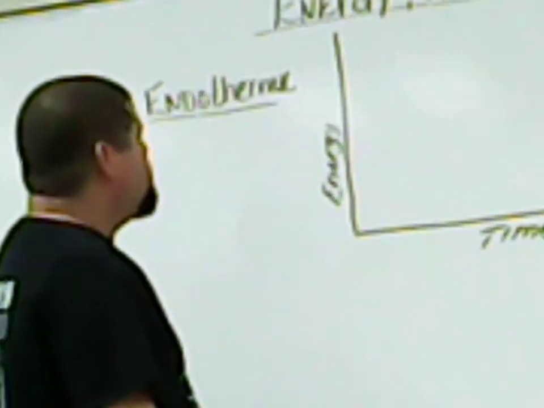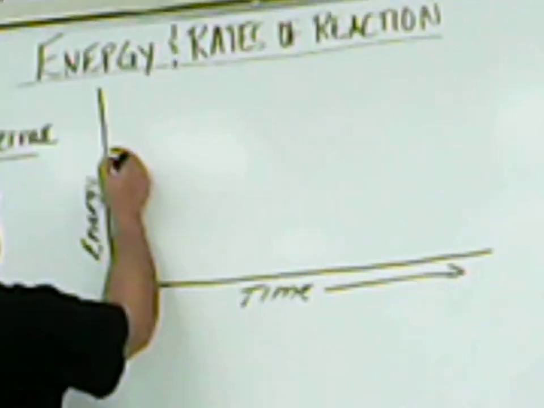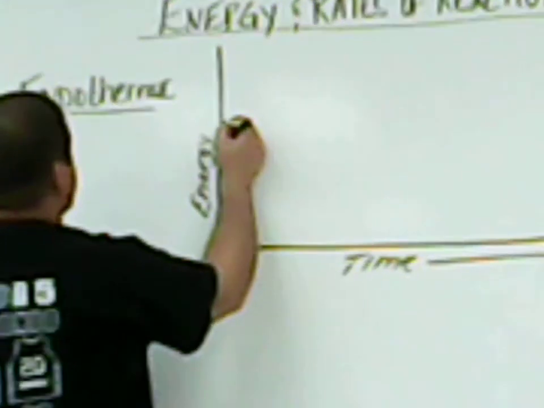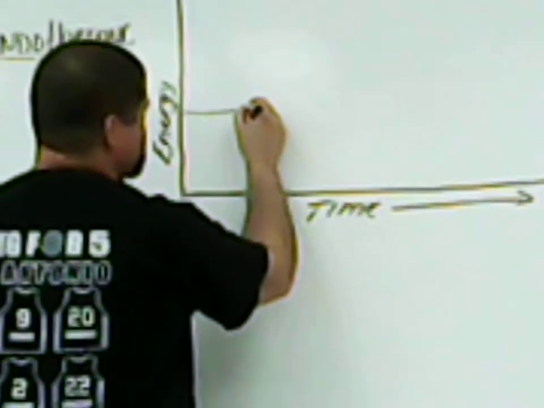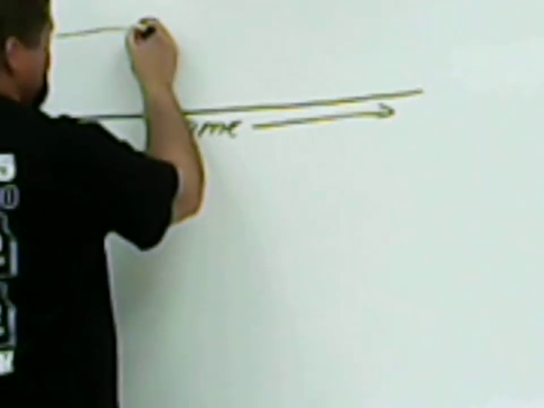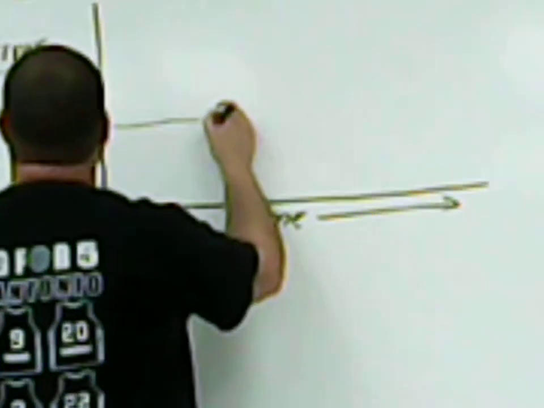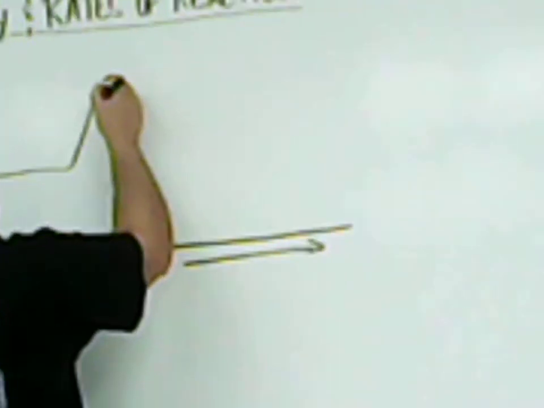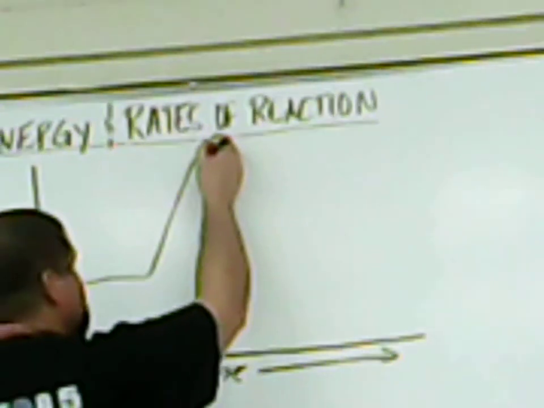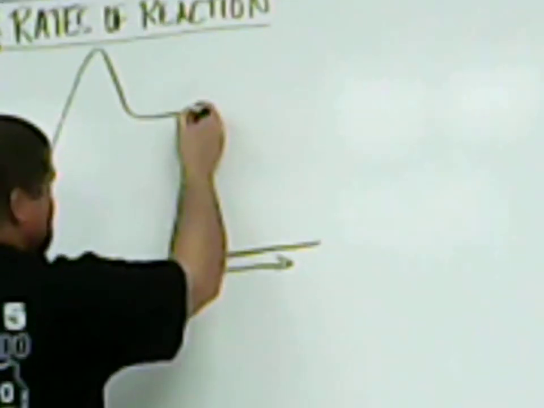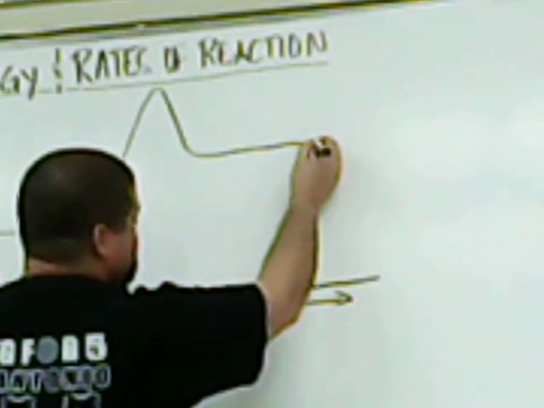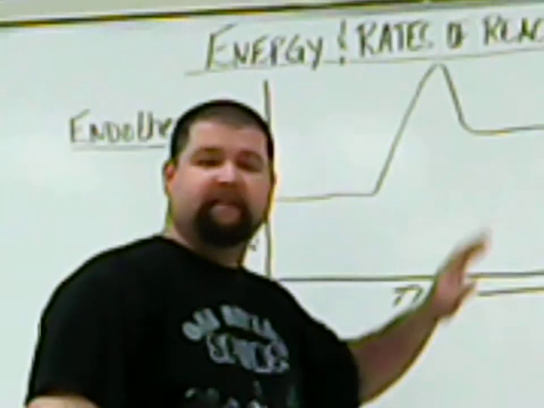The starting energy of the reaction would be somewhere in here. And then as energy is absorbed over time, and then as energy is released over time, and then the ending energy of the new substances that have been created.